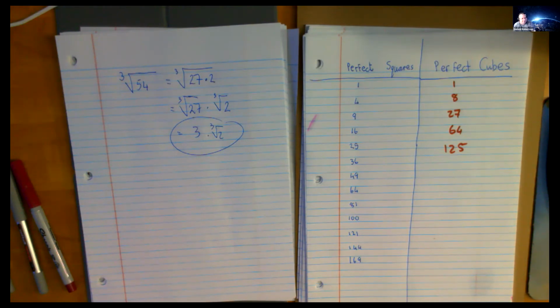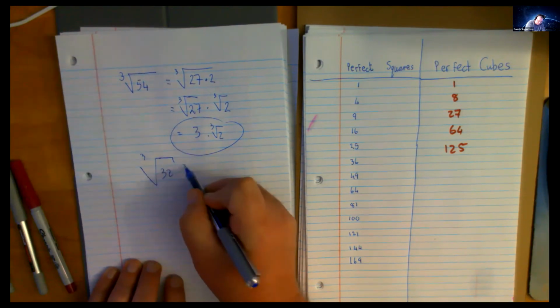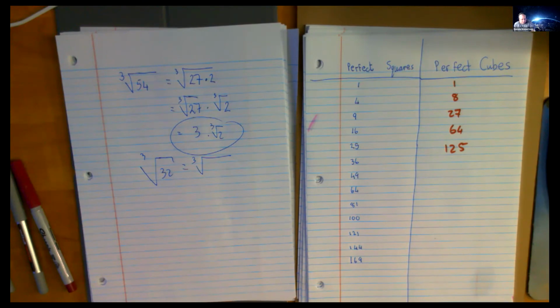Agree it ain't going to happen. That's as good as it's going to get. Cube root of 32, on the other hand. You can simplify 32, can't you? Who do you get? Who are the two numbers that work well with 32?